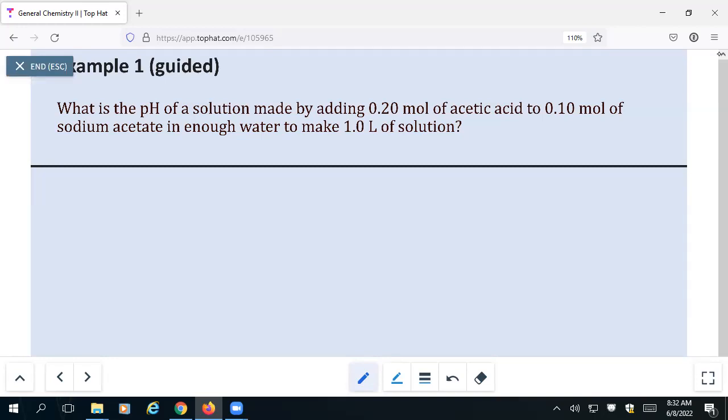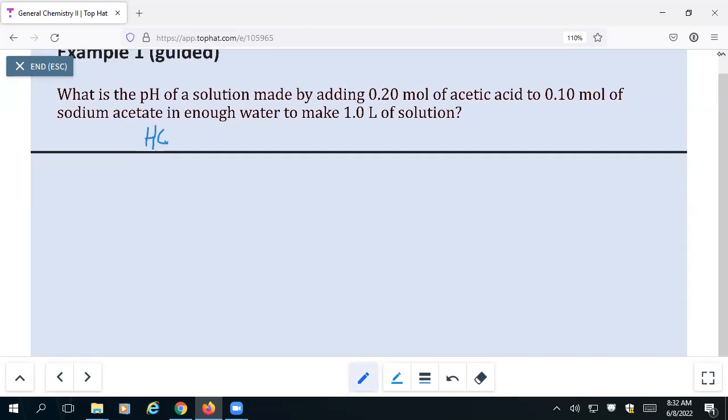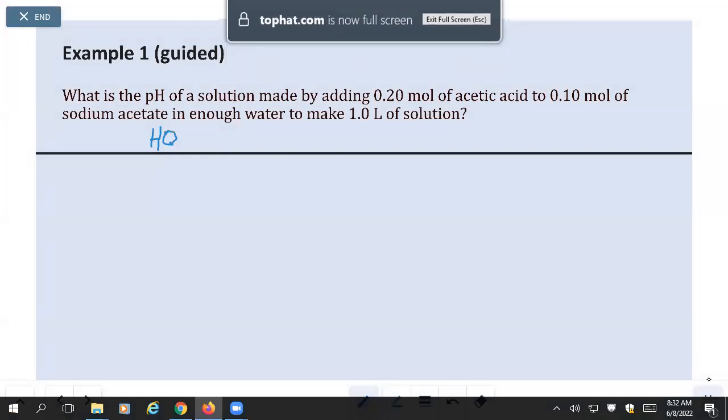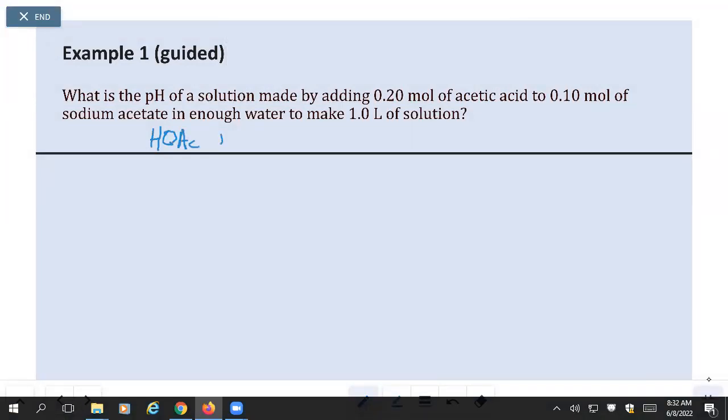So the equilibrium expression here, we've got the acetic acid equilibrium reacting with water to make hydronium ion and acetate ion.